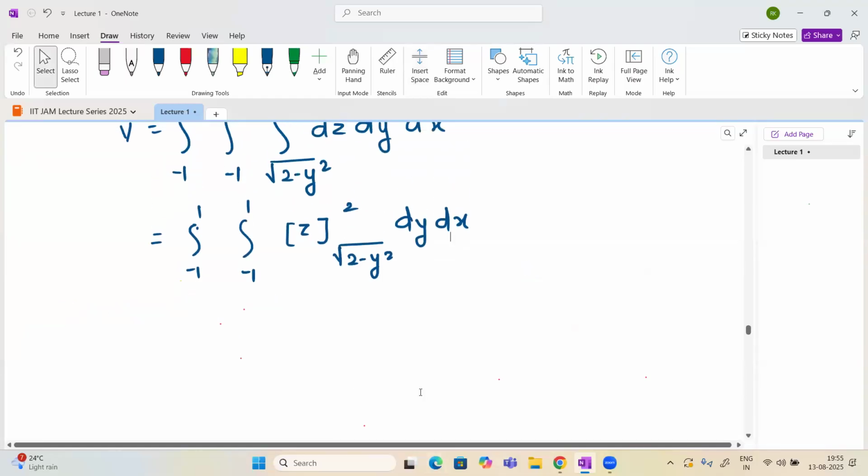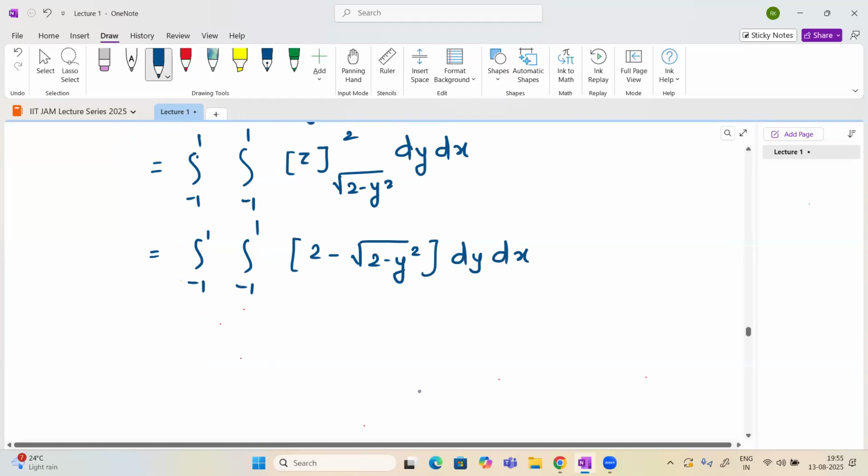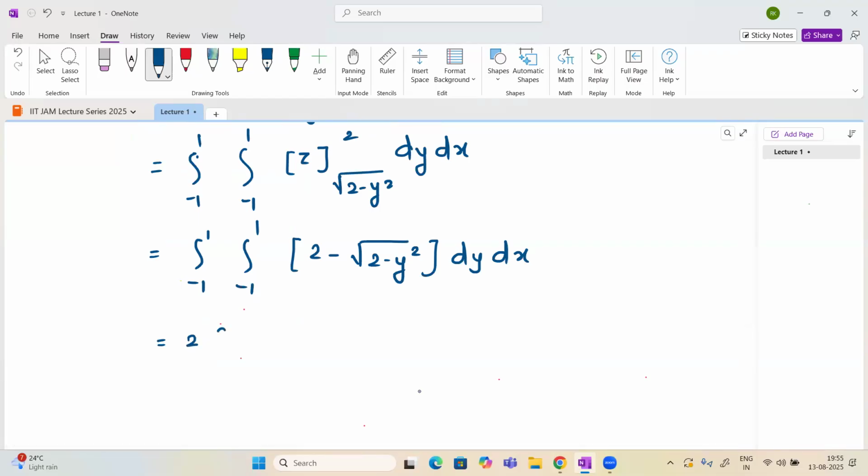What will I get? 2 minus root 2 minus y square, dy dx. Tell me, when we have limits of this kind, -1 to 1, we need to check whether it is an even function. Is it an even function? Yes. So I will write 0 to 1, 2 minus root 2 minus y square. And now help me to solve this integration.